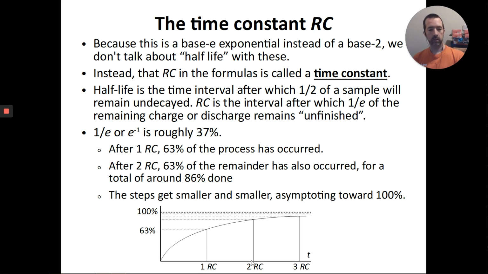During the next time constant, during the next interval, RC, I again go 63% of the way from where I am to the finish line. So 63% of the remainder will occur during that next RC, which means the total is around 86%. And that iterative process continues. Steps get smaller and smaller until after an infinite amount of time, you reach 100%.